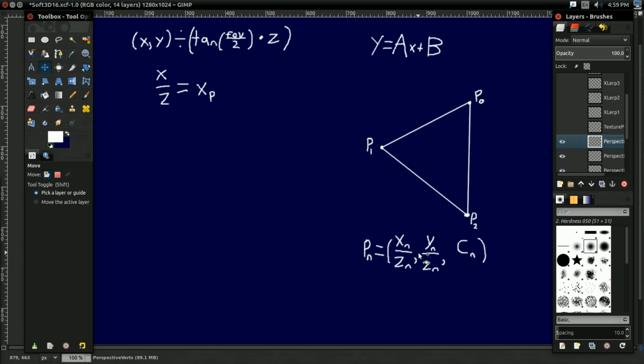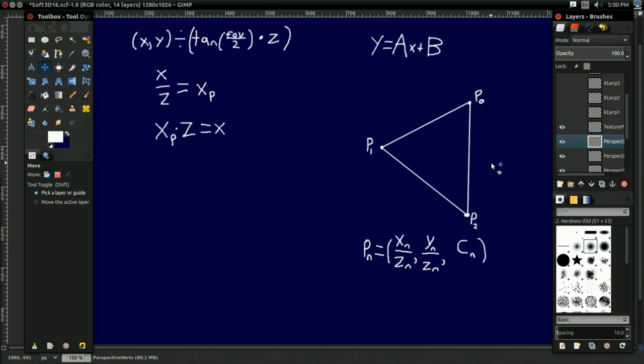And to figure this out, we're going to do a little bit of a devilish trick here. Now we know from our perspective projection that x divided by z gets us our final projected x value. With a little bit of algebraic manipulation, that means if we multiply our projected x value by z, that should give us our original x value. And we know the z value at every single vertex.